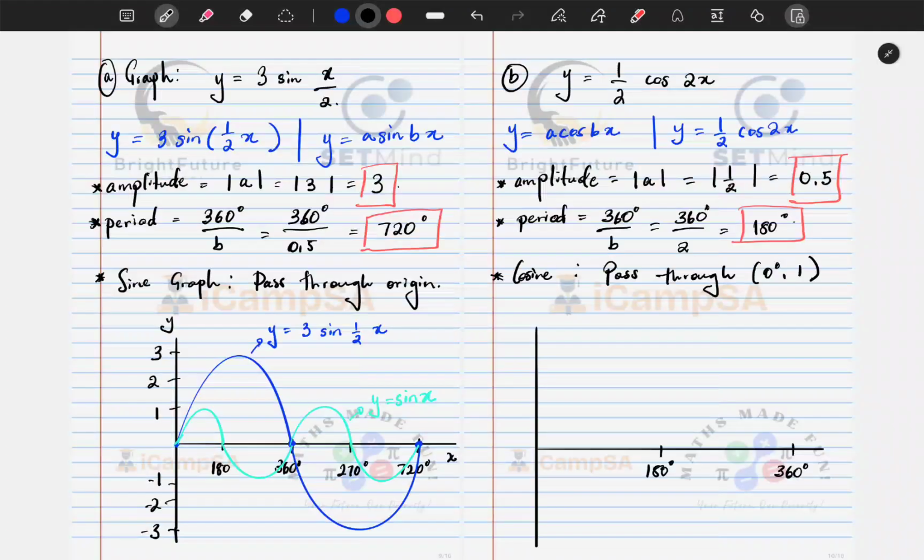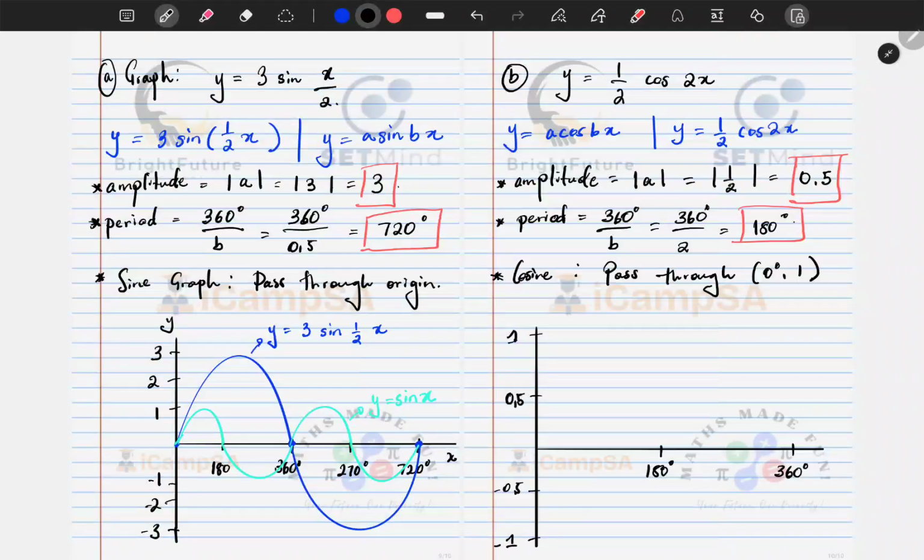Remember, what will be my amplitude? My amplitude is 0.5, so it means that this graph, the maximum it will reach is 0.5. So I can have here my 0.5, and then I can have my 1 here, and then here also I can have my negative 0.5, and then here I can just have my negative 1, right?